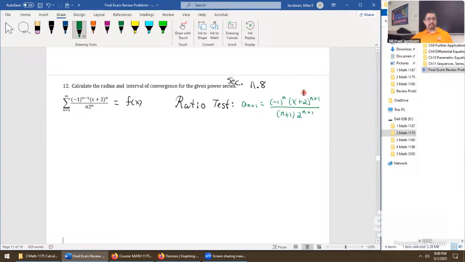Then do any kind of simplification you might need on here. Definitely if there's factorials, it's probably a good call. Otherwise, if you feel like we're in good shape on this, let's call this whole thing summation an and write out the limit as n goes to infinity. In the ratio test, it's always the next term, an+1, divided by the nth term, an.